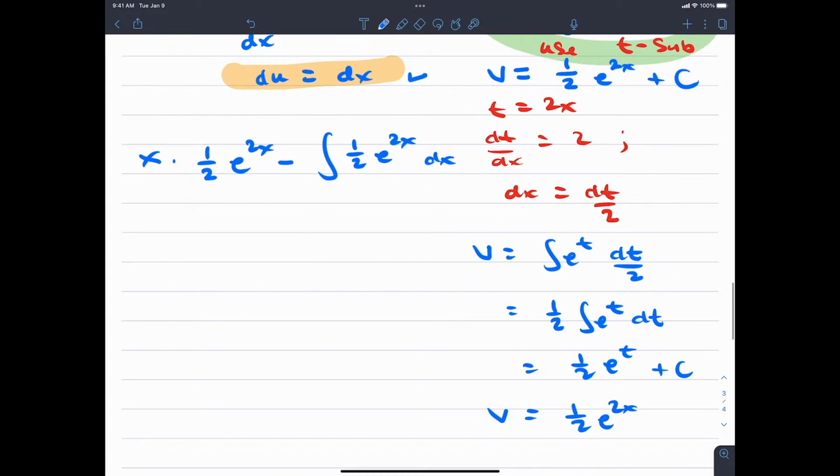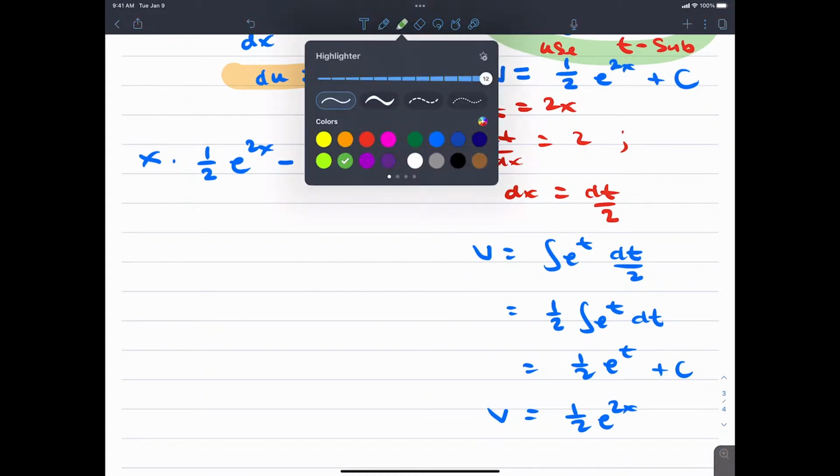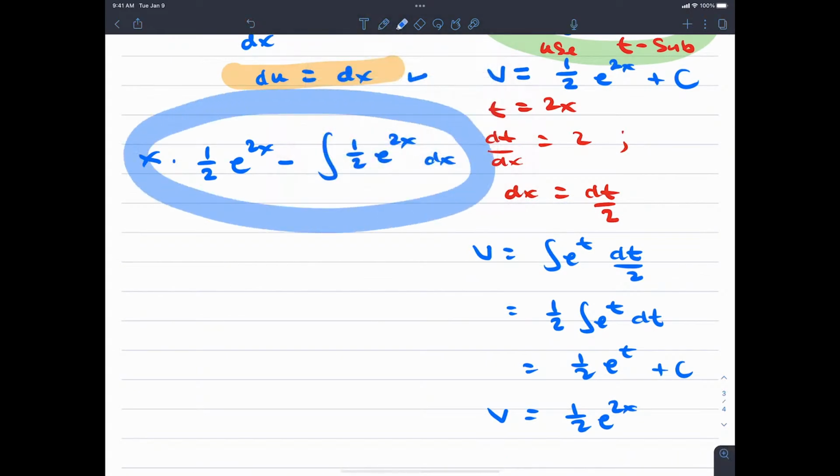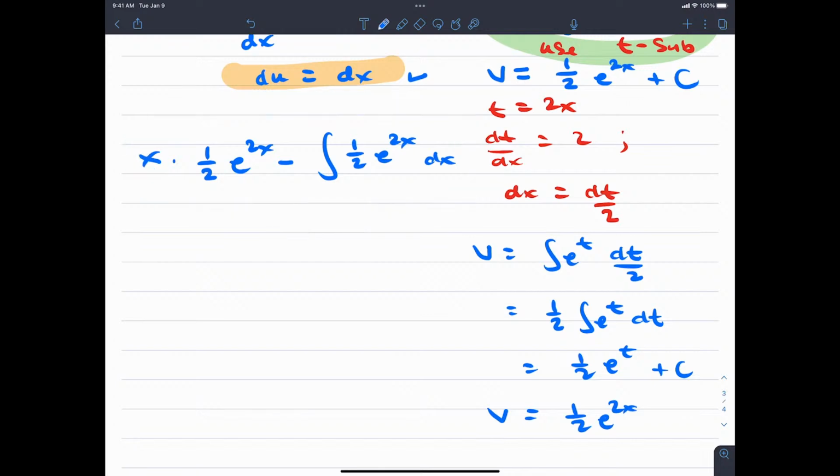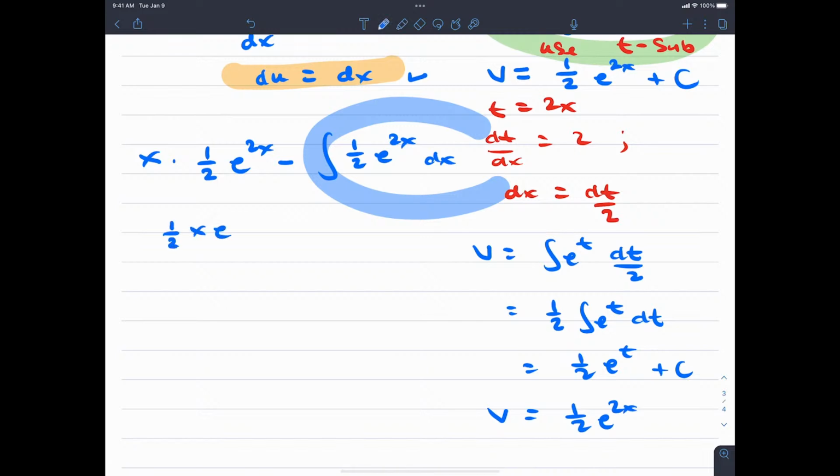Okay, so this now is what we have to integrate. However, let me take that back. This is what you integrate. So this becomes 1/2 x e to the 2x. Pull out the constant 1/2. You have to integrate e to the 2x dx. So this here is your integral.